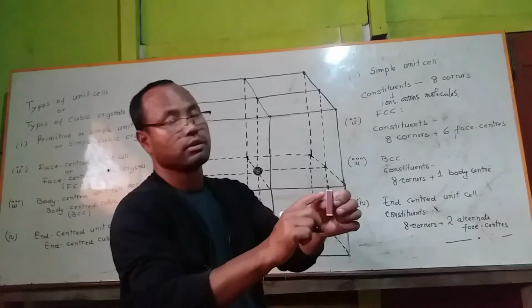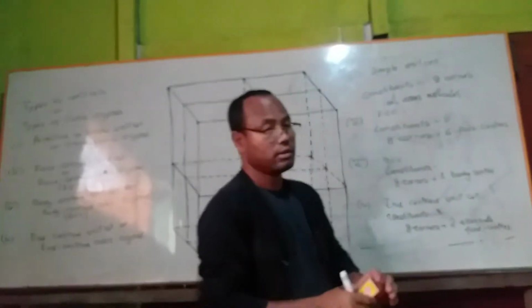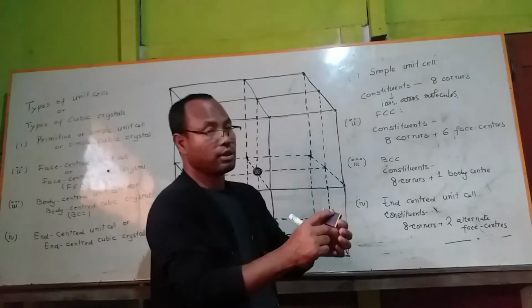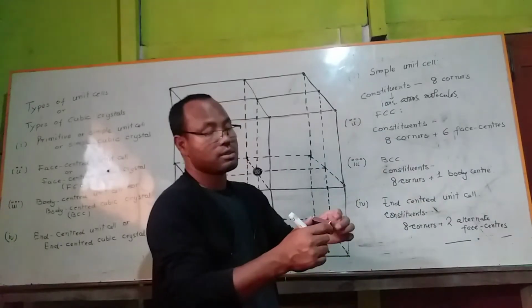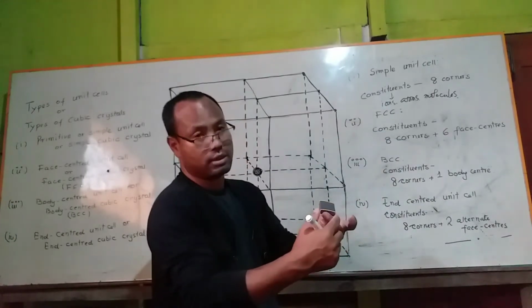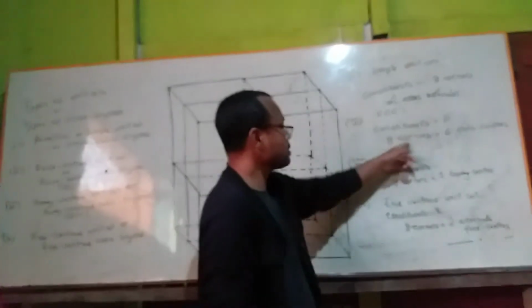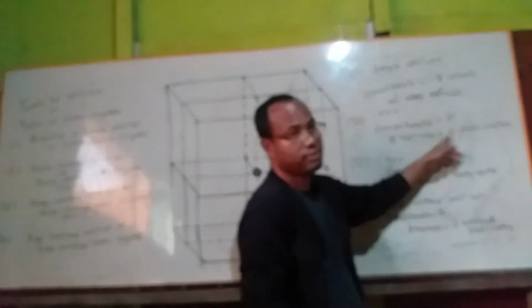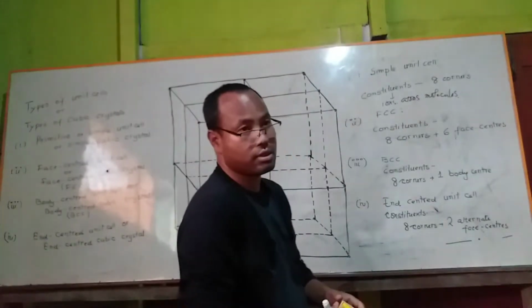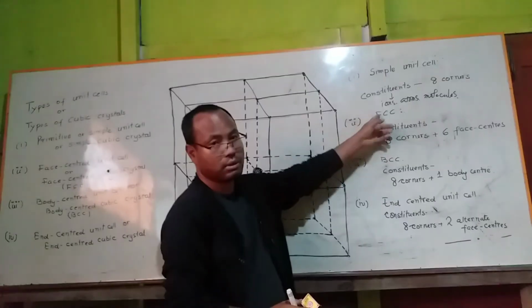The center of a face we call the face center. So in FCC, the constituents are present at the corners as well as the face centers: 8 corners and 6 face centers. This type of unit cell we call FCC or face centered cubic crystal.